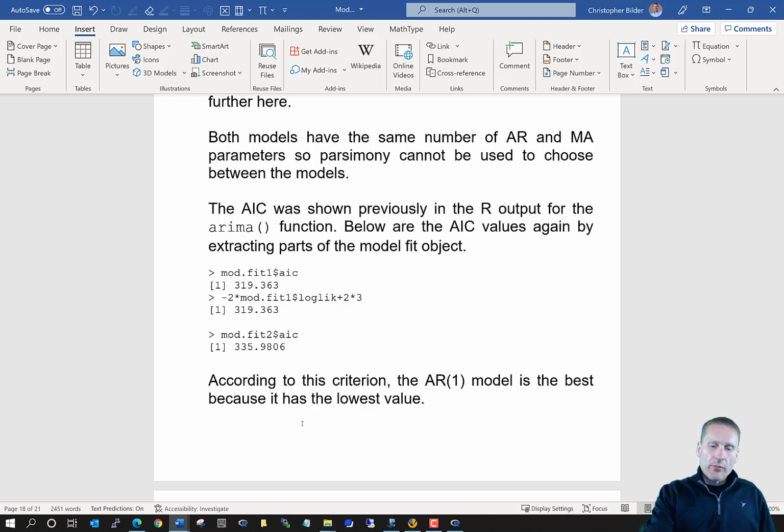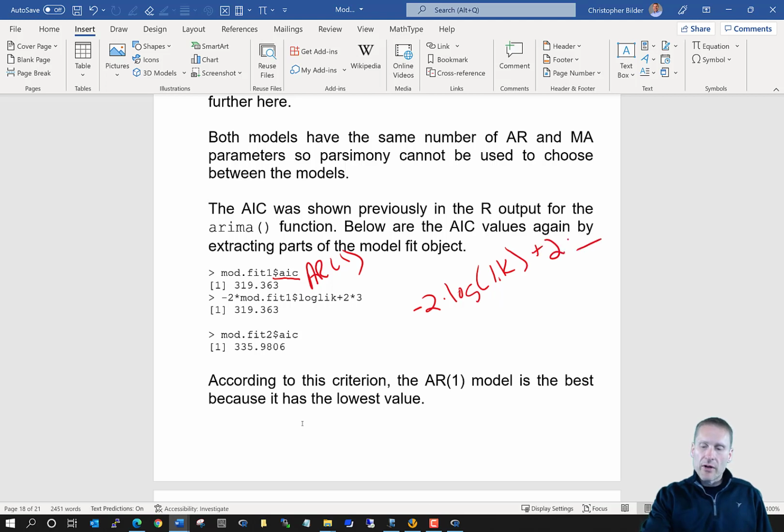Now, you can also pull out the AIC from the model fitting object that's produced by ARIMA. And so for my AR1 model, I get an AIC of 319.363. Again, remember how it's calculated. It's -2 times the log likelihood function plus 2 times the number of parameters you're estimating in your model.